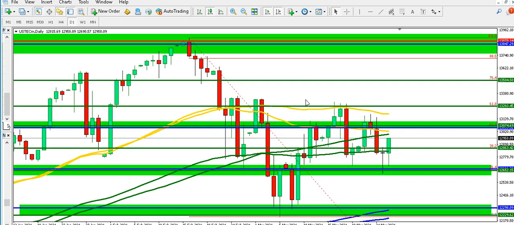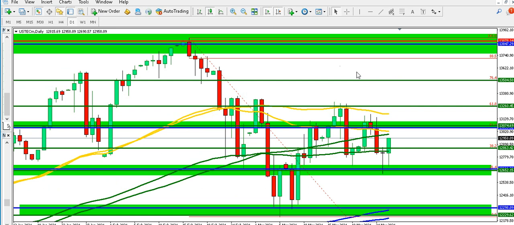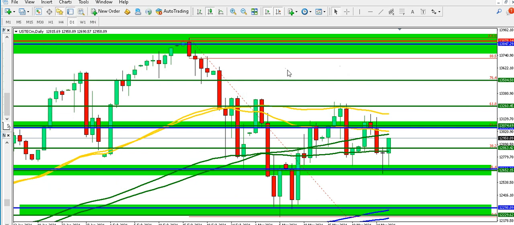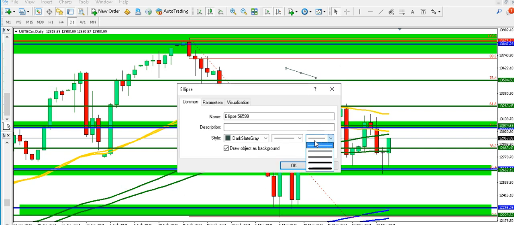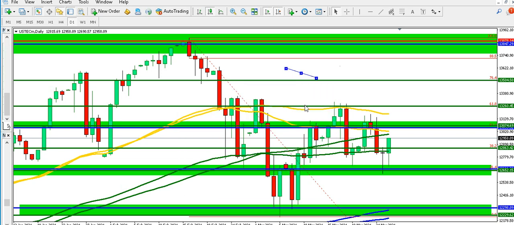So if we zoom in, with the moving averages we have support and resistance. Excuse me. Let me, sorry. Okay, something like this. Change the color to blue. Where are you? I think I lost it.